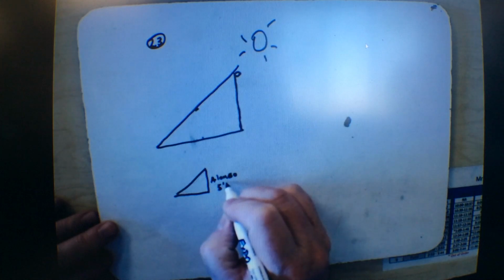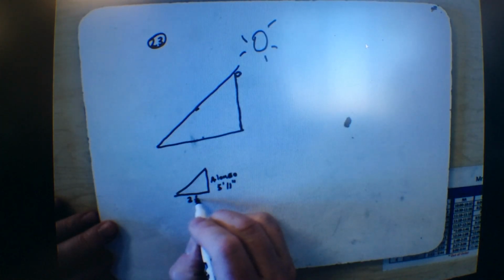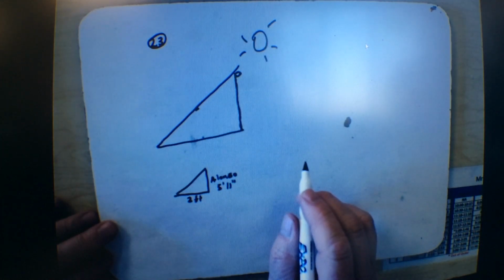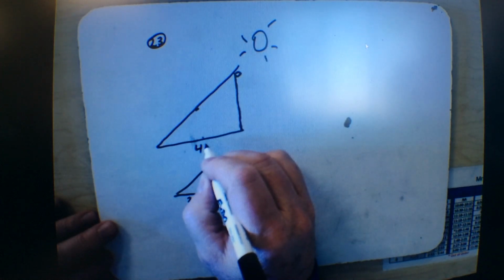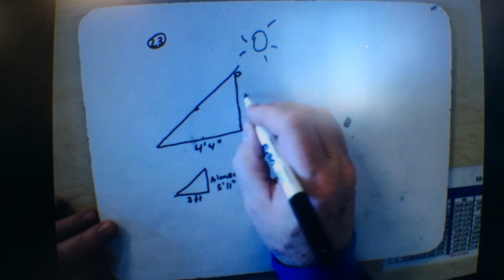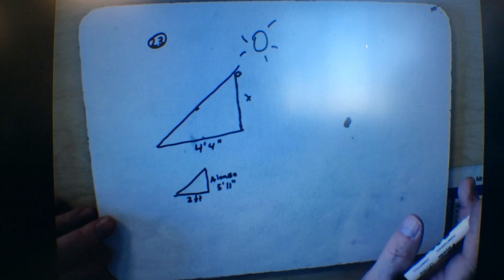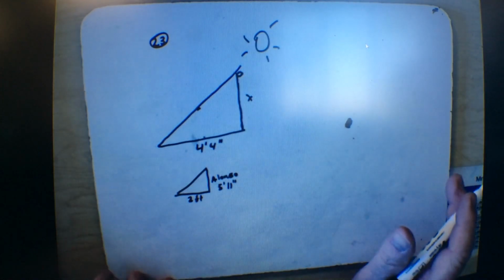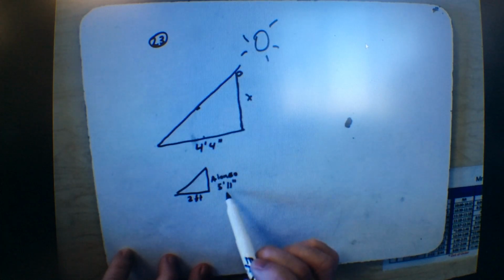Alonzo is 5 feet 11 inches, and he casts a shadow of 2 feet. Okay, and the goal casts a shadow of 4 feet 4 inches, and we want to find how tall is the basketball goal? Okay, that's probably a better way to draw that instead of putting them together, because we can clearly see these now.